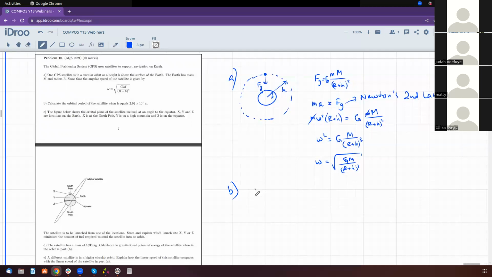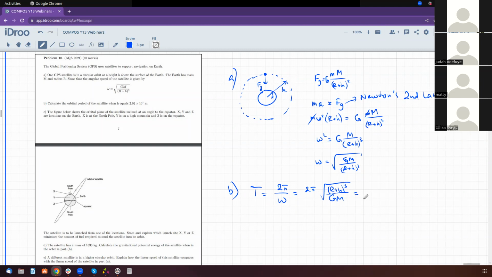Yeah, so the orbital period is 2 pi divided by omega. So it's 2 pi divided by the square root of GM over (r plus h) cubed, and yeah, you get a value.